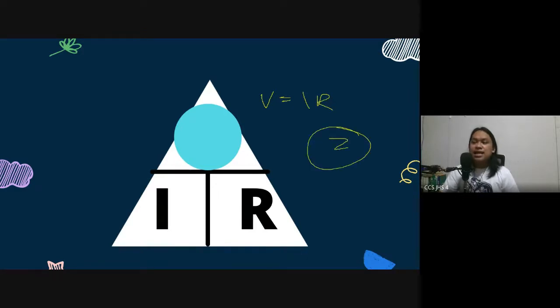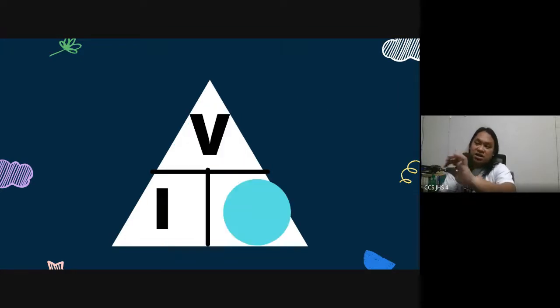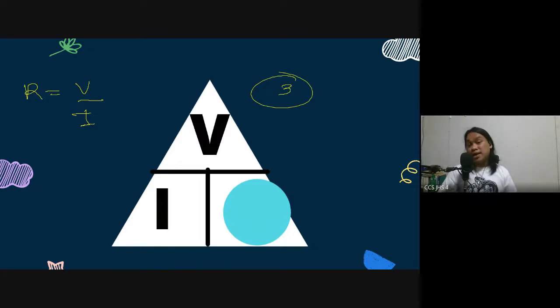Okay, then lastly, if we want to solve for the value of resistance, cover letter R, then we have R is equal to V over I. So that is our formula number three. Okay, so we just remember the pyramid of Ohm's law in order for us to remember the three primary formulas of Ohm's law. Okay? Understood? Kindly click the raise hand button if you got the formulas.